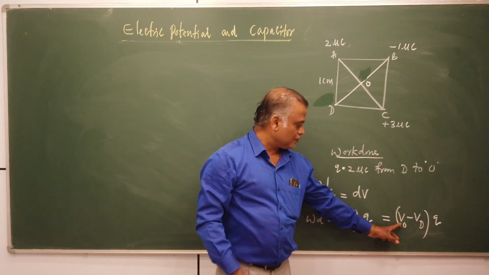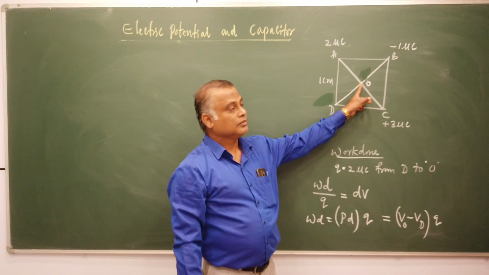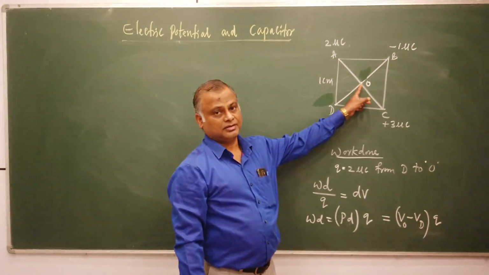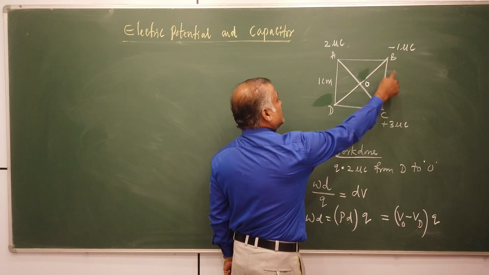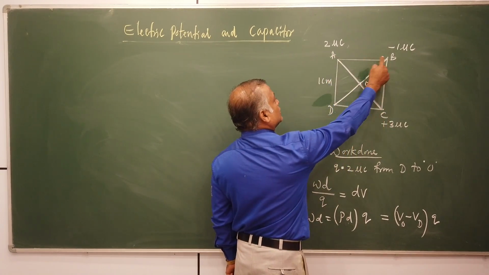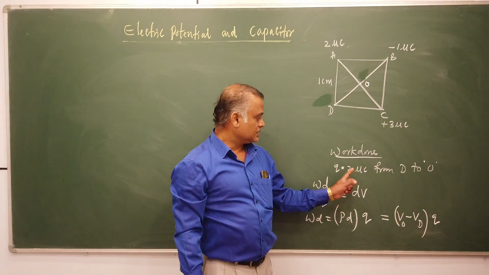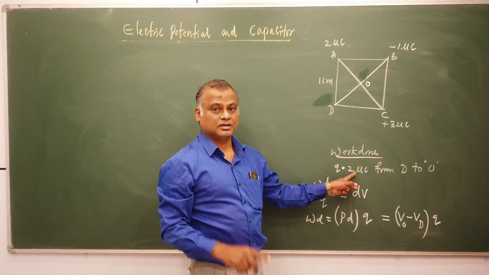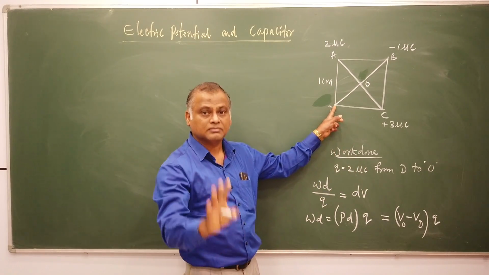What does this VO represent? O is the point of intersection. This point O is surrounded by how many charges? 1, 2, 3. And one suggestion: the charge that is being transferred, don't put that charge at point D at the beginning.